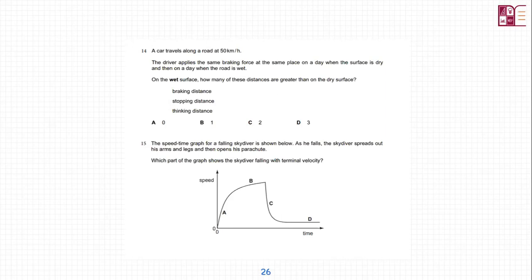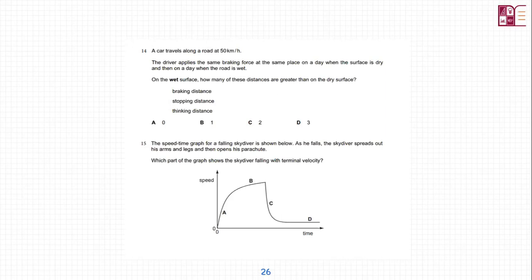The speed time graph for a falling skydiver is shown below. As he falls, the skydiver spreads out his arms and legs and then opens his parachute. Which part of the graph shows the skydiver falling with terminal velocity? Now, just like I said, we would be looking at a terminal velocity graph. This is what a terminal velocity graph looks like.